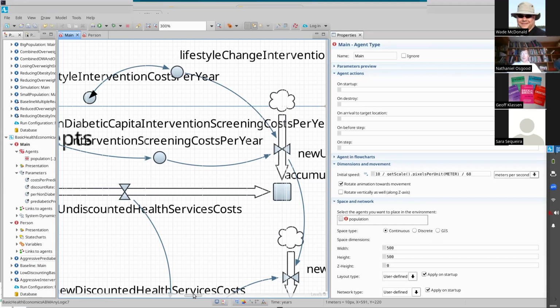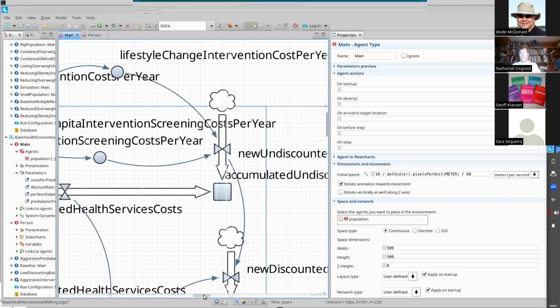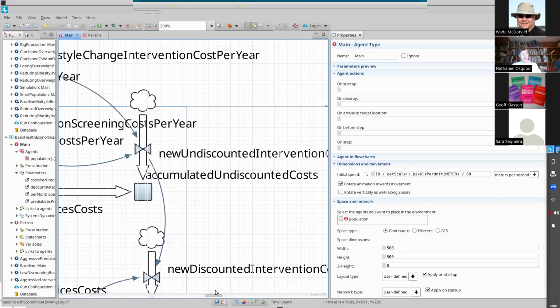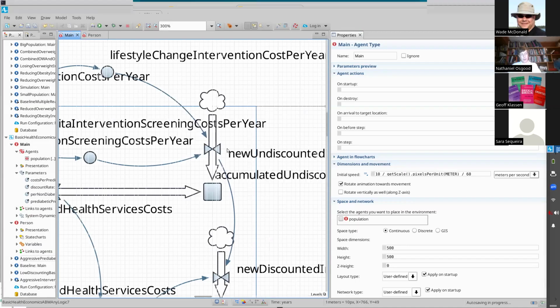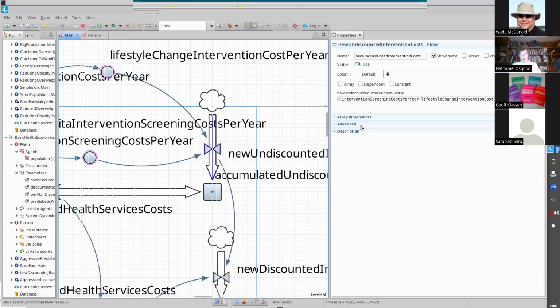And to complete the picture with this, we have these costs from the interventions. And you notice that these intervention costs are of two sorts.